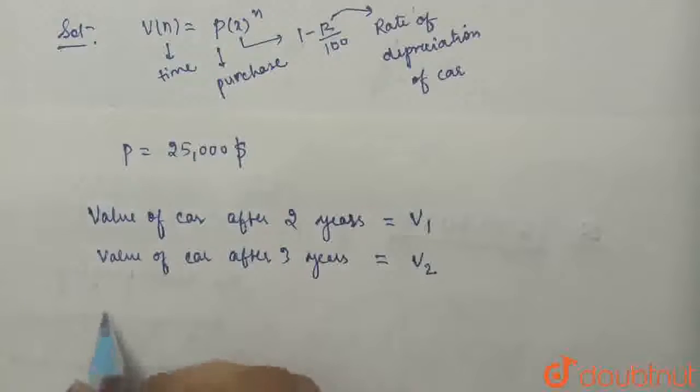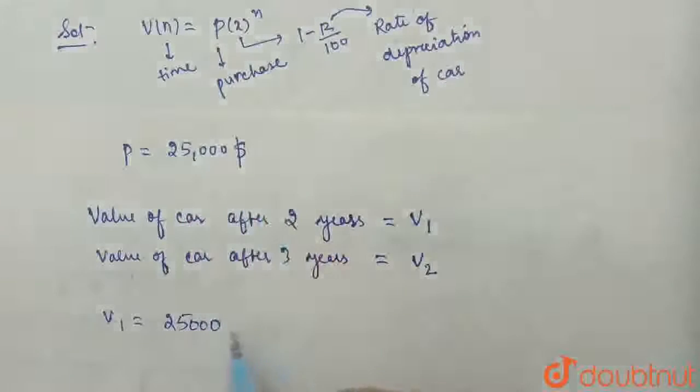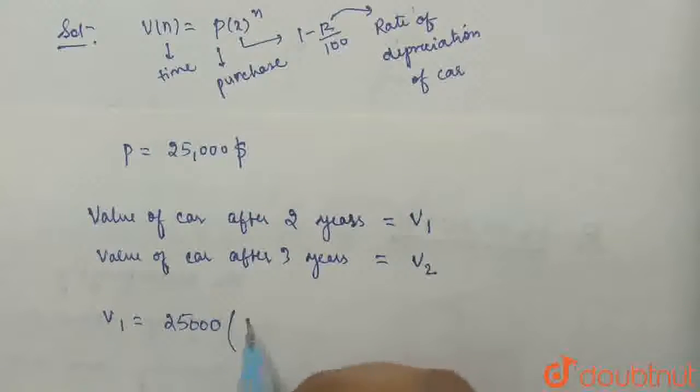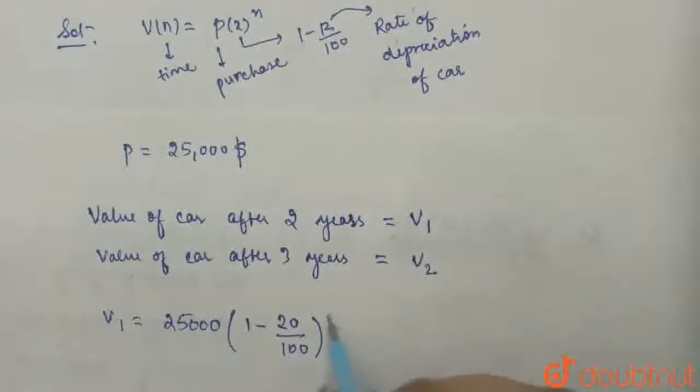So now V1 is equal to 25,000, that is the purchase price, multiplied by 1 minus r. R is given to us as 20 upon 100, and n is the time period, that is 2 years.